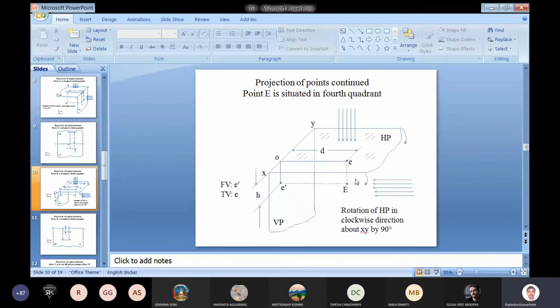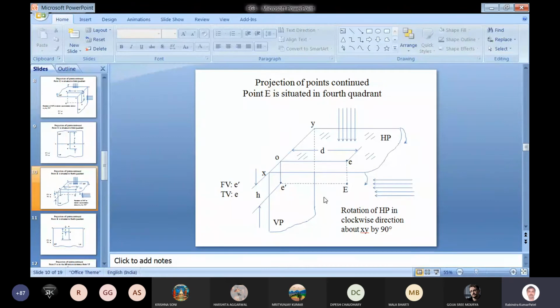There is another case, which is when the point is situated in the fourth quadrant, and you can see that in the fourth quadrant also, like in the case of the second quadrant, we will have the projections like this. The projection on the horizontal plane will be e, and the projection on the vertical plane will be e dash. And when we rotate the horizontal plane in the clockwise direction by 90 degrees, we will get the planes overlapped.